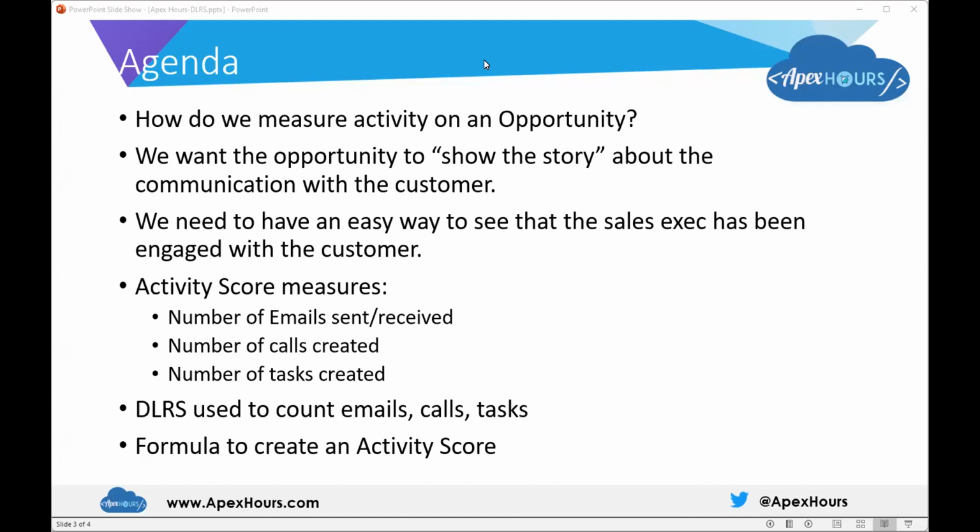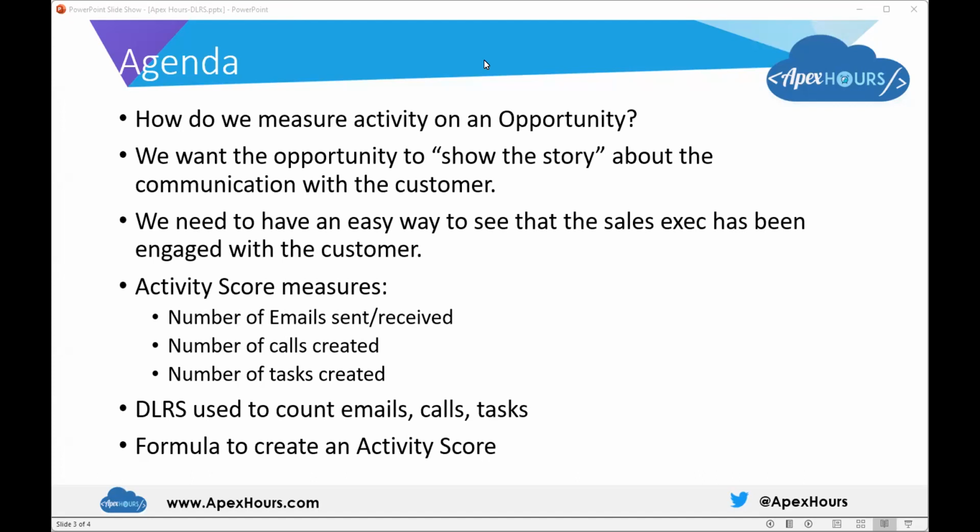This activity score is going to measure the number of emails that have been sent and received that are related to this opportunity, the number of calls that the exec has made that are recorded against this opportunity, and the number of tasks that have been created.